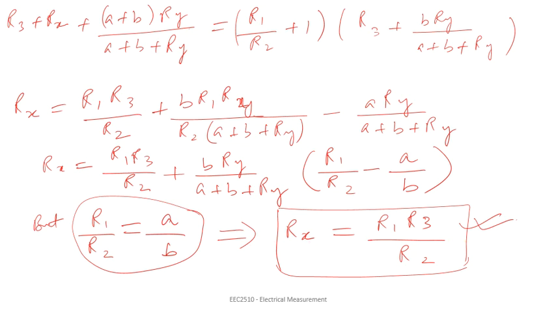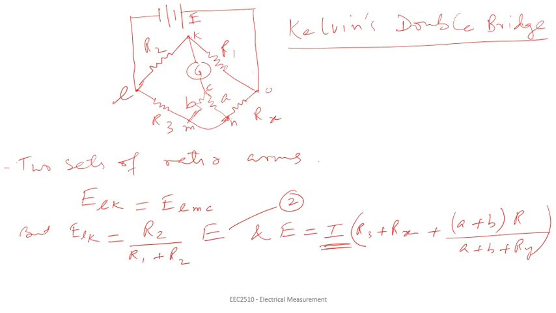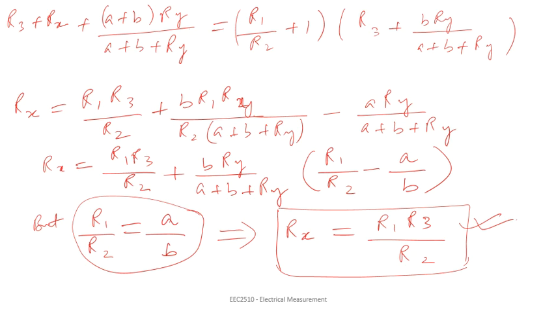In this circuit, this is R1, this is R2, this is resistance A, and this is resistance B. So if R1 over R2 is equal to A over B, that is, the two sets of ratio arms are equal, then the unknown resistance will not have any component related to the contact resistance.